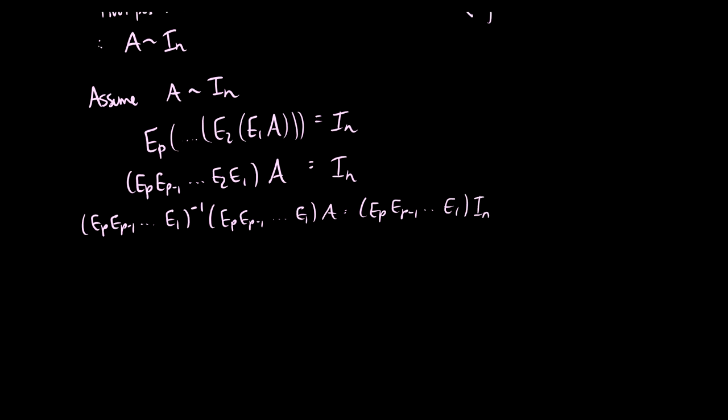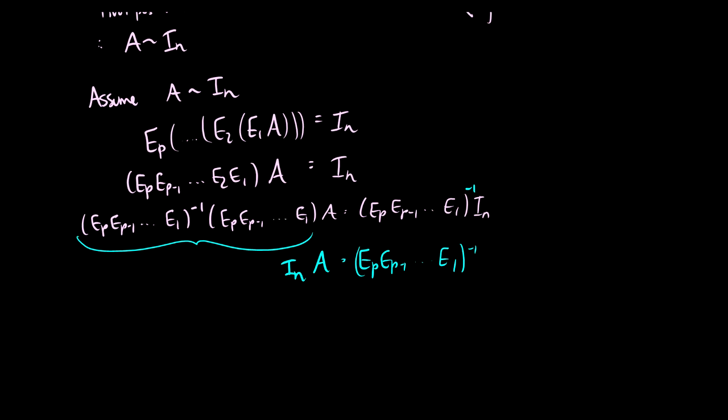So the left side becomes the identity matrix, and we're left with A, and on the right side we're left with E_P inverse, all the way down to E1 inverse. I forgot the inverse there.